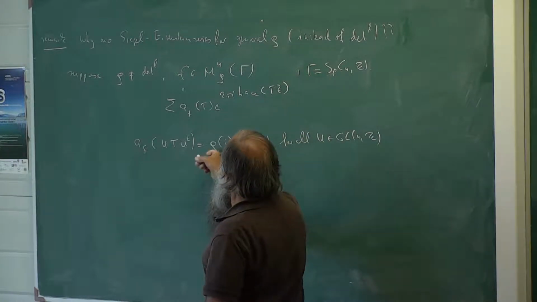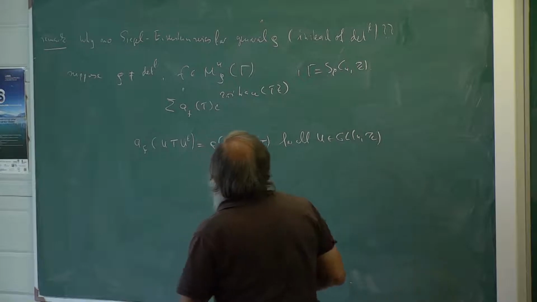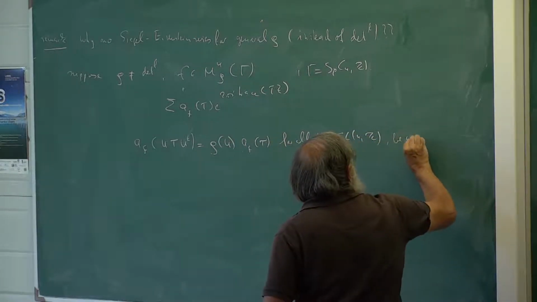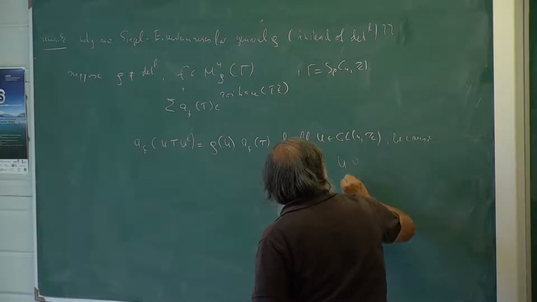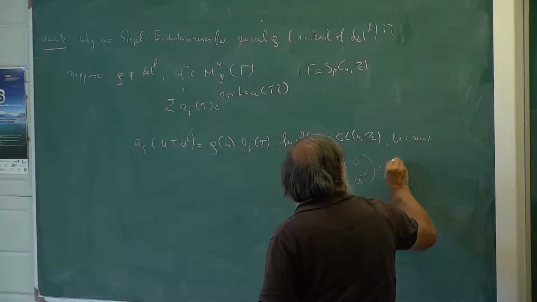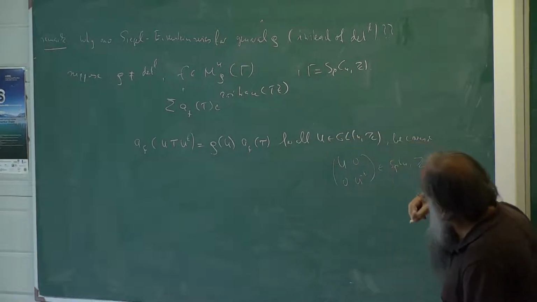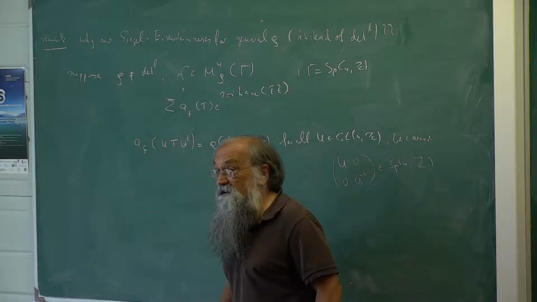If rho is just the determinant, this is not a problem at all, because u0, u minus transpose t is in SPNZ, and so you can plug this into the Fourier expansion, and then you get this invariance property.